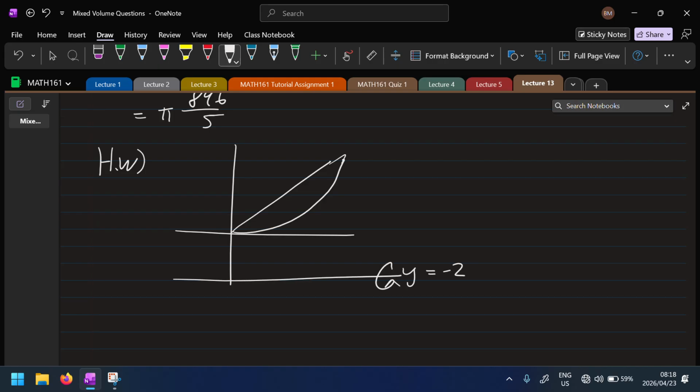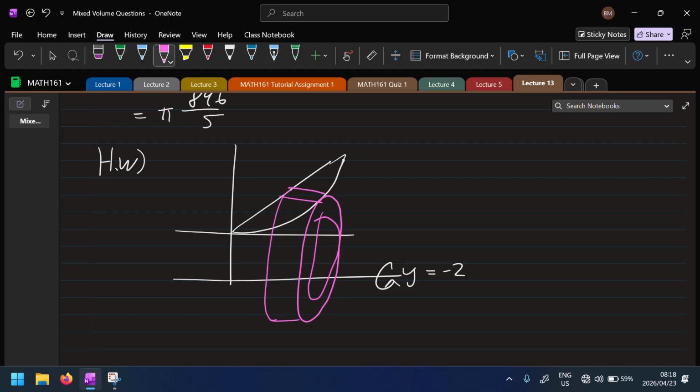Okay, so we're rotating around this line here. The shells will now be horizontal going around.